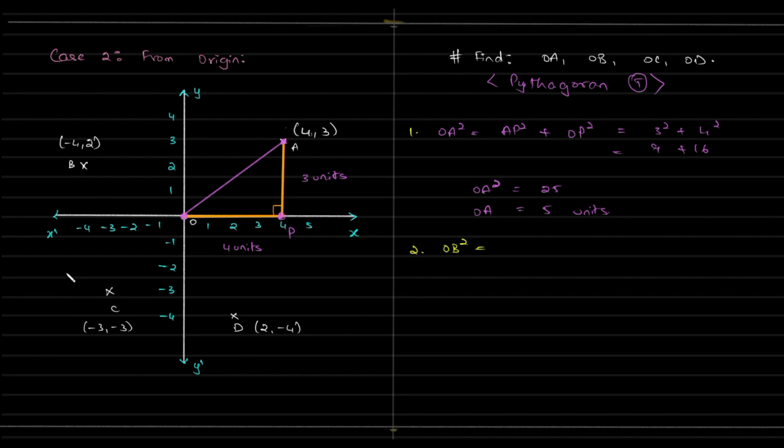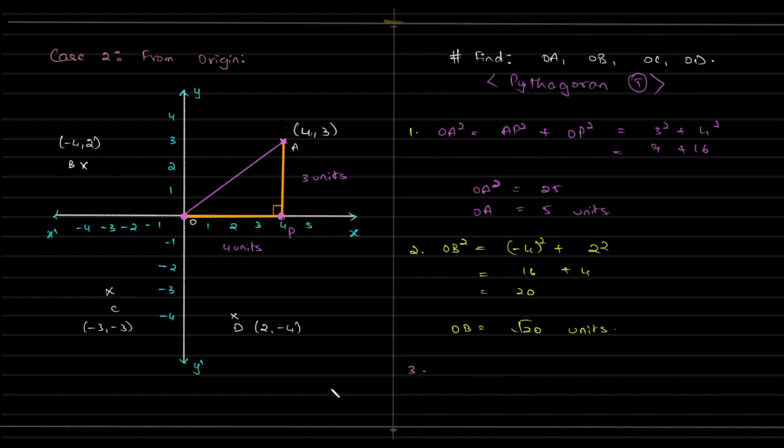So what can we do over here? We just have to square: 4 square plus 2 square. So this is 16 plus 4, 20, and therefore OB is equal to square root of 20. I'm not further reducing it, I'm just letting it be. We can further reduce it, and generally we have to. That's the rule.